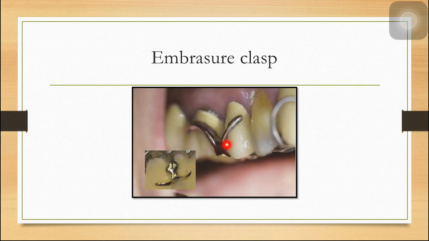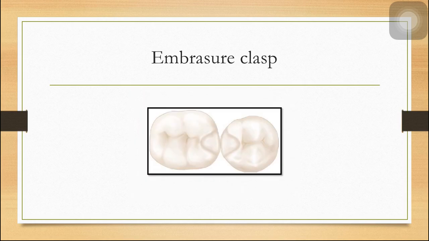These interproximal rests are provided for better support, and then from these rests two retentive clasp arms originate over two adjacent teeth. Here you can see that one mesial and one distal occlusal rest has been provided, and from this two retentive arms will be provided on both these abutment teeth.